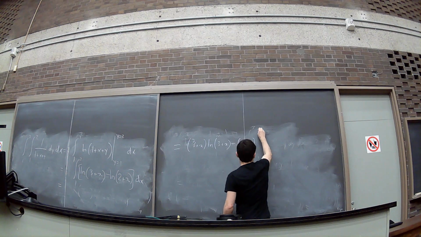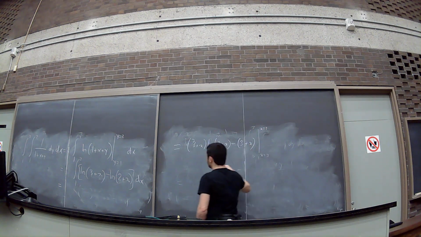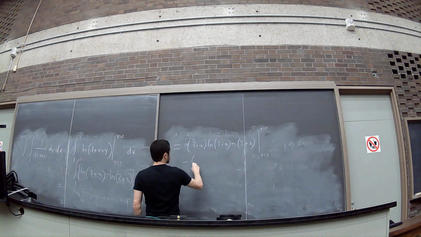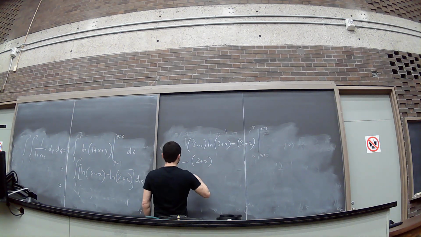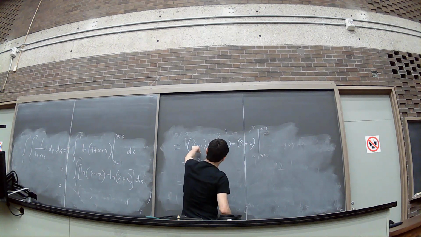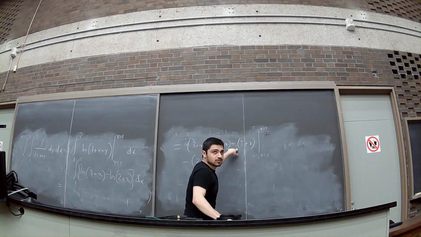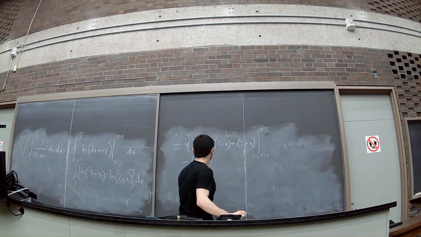I'll split the integral now, from x is equal to 3 to x is equal to 1, right? Minus 2 plus x. Let's double check this is good. Is this good? Did you check? This is an antiderivative, right? You saw that? Yeah.